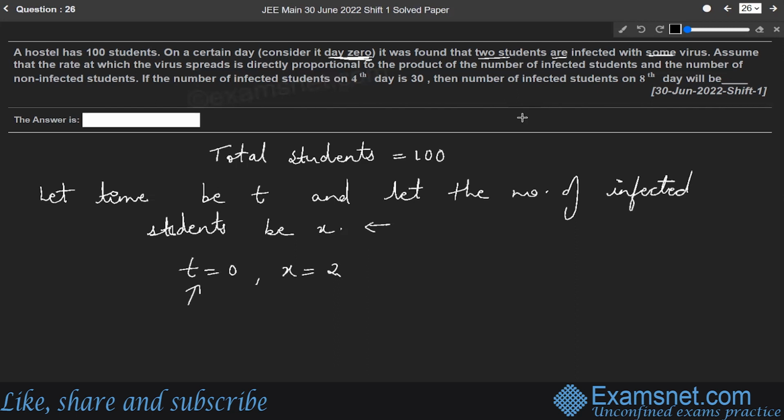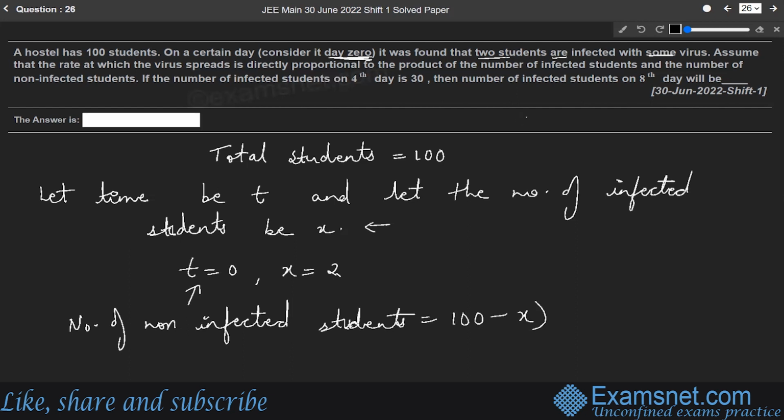So non-infected students will be 100 minus X. So number of non-infected students will be equal to total number of students minus number of infected students. So number of non-infected students are 100 minus X.